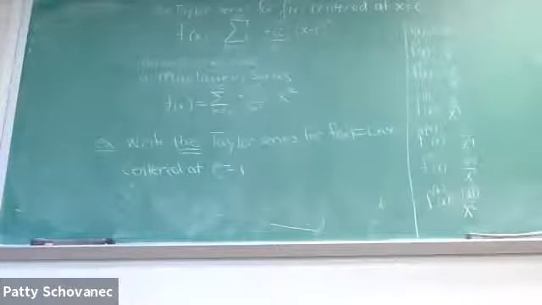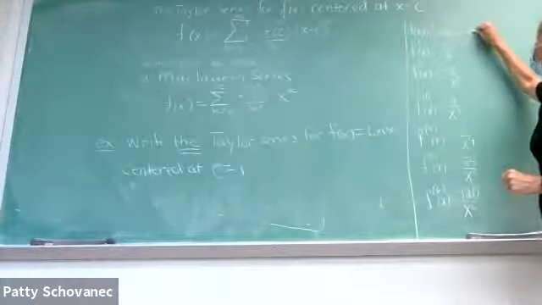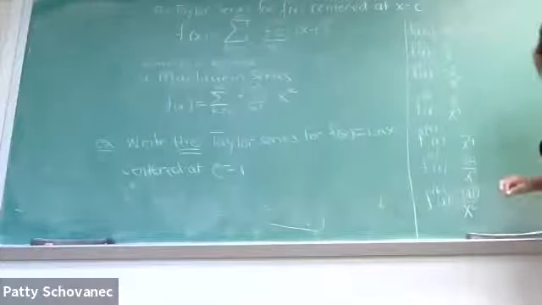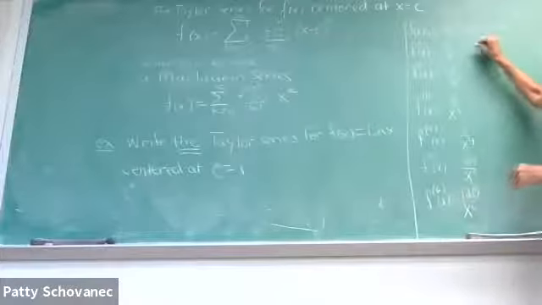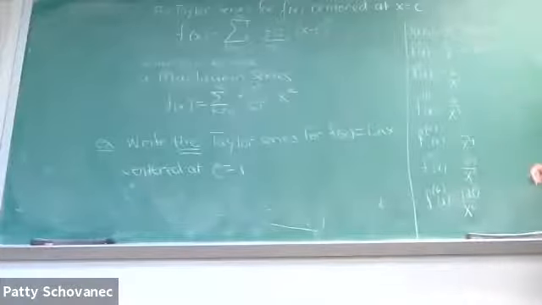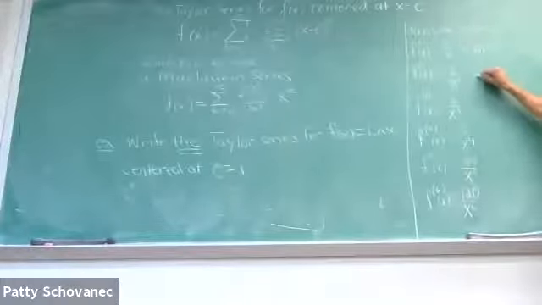Now we have to evaluate all of those at the given number c, and we chose c as 1 to make this evaluation quick and painless. So f of 1 is the natural log of 1, 0. Now I'm putting 1 in for each x here. 1 over 1 is 1. F double prime at 1 is negative 1.